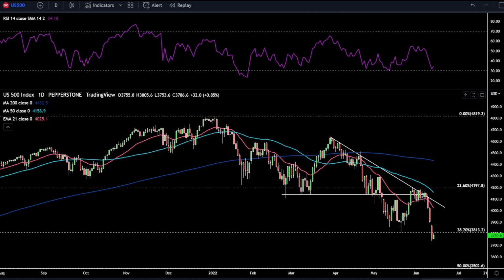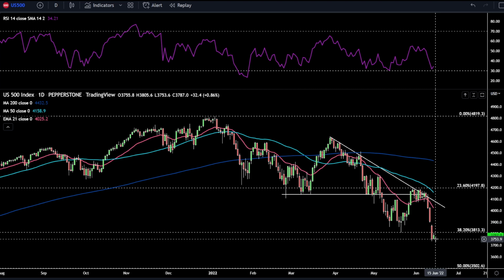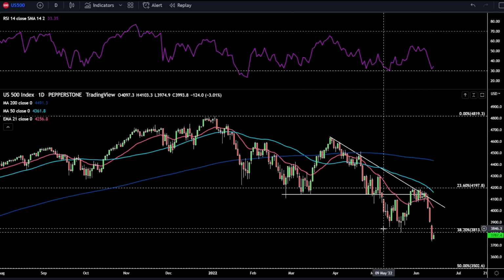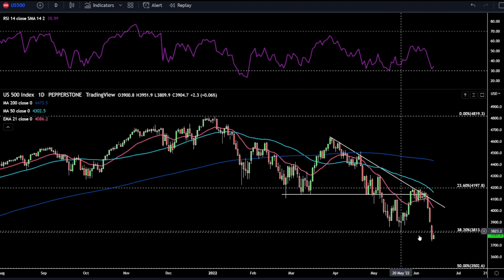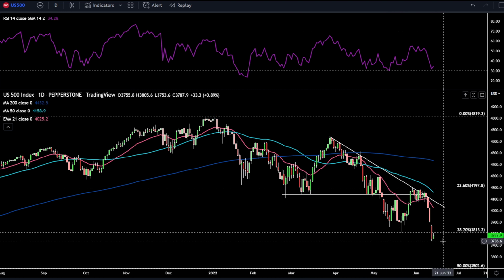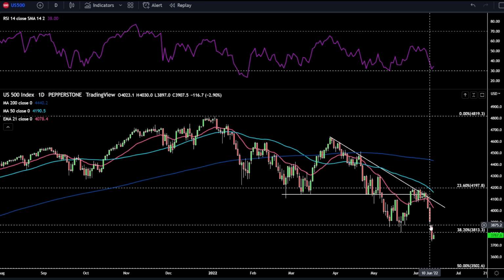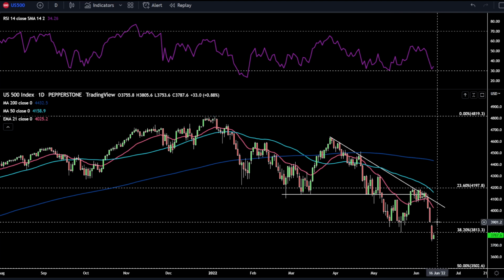Let's take a look at the S&P 500. We broke below that key 3.8 low here, and now price is trying to have a bit of a rally back up, a little bit of a bounce. In terms of targets, I'd be looking around here. There's a tiny bit of support at around 3.9.